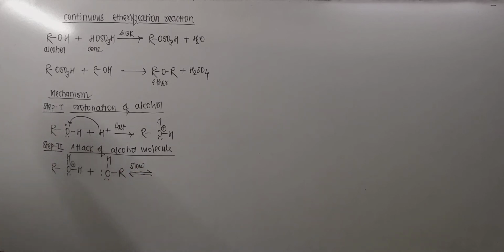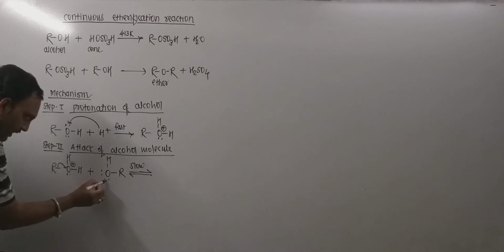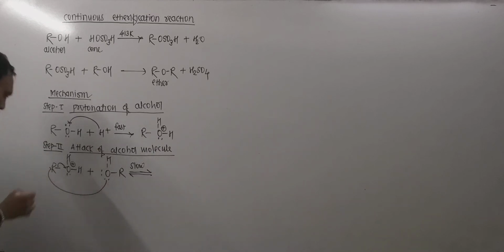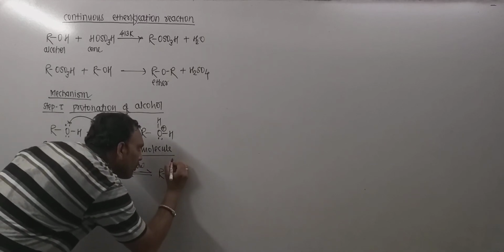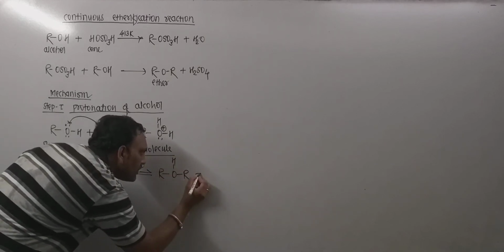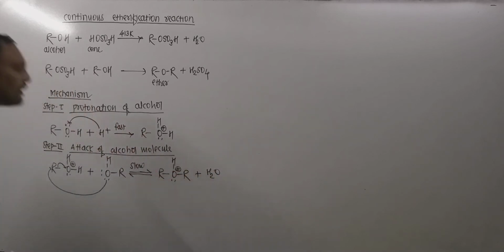So what is happening here? Oxygen, being electronegative, keeps the electron pair of this bond towards itself, and the other oxygen attacks the carbon, leading to the formation of a species with departure of water, and this is the dialkyl oxonium ion.